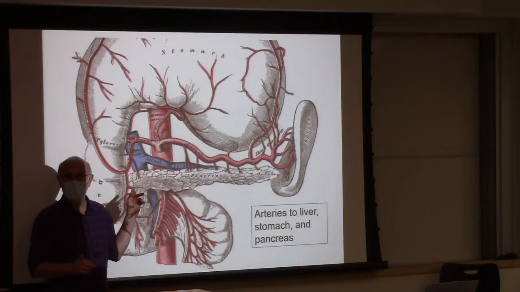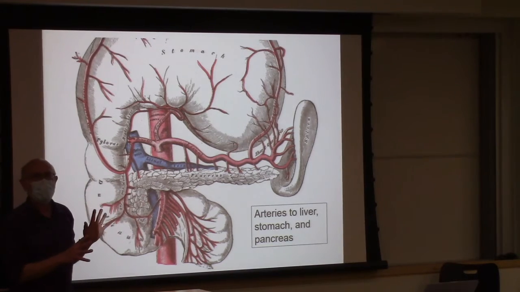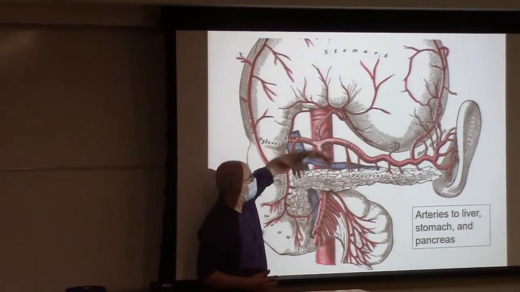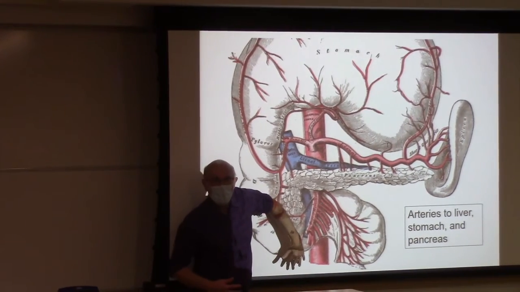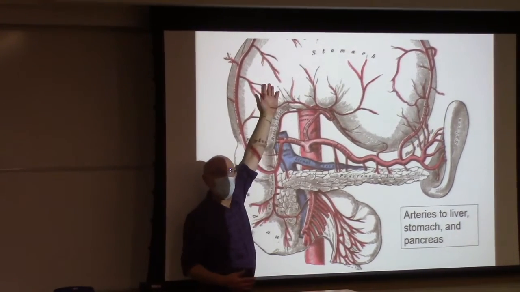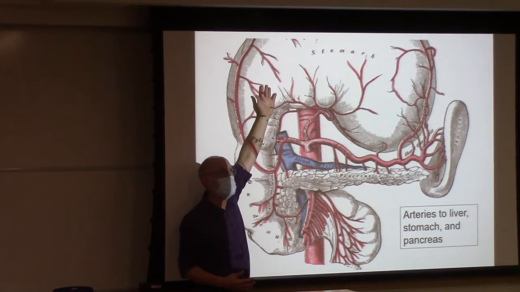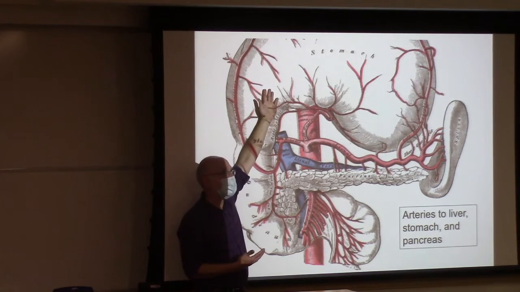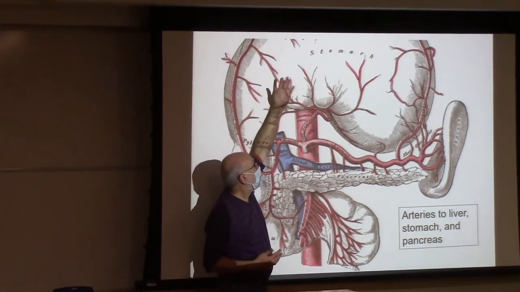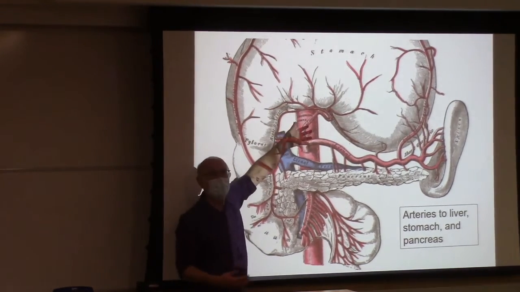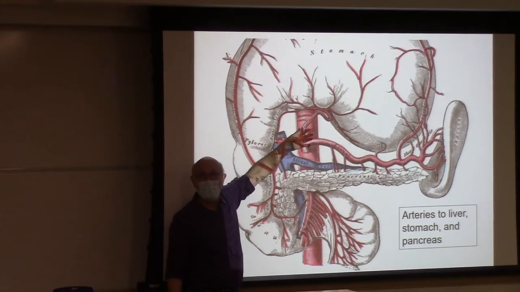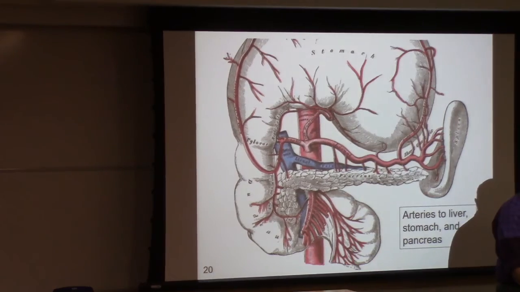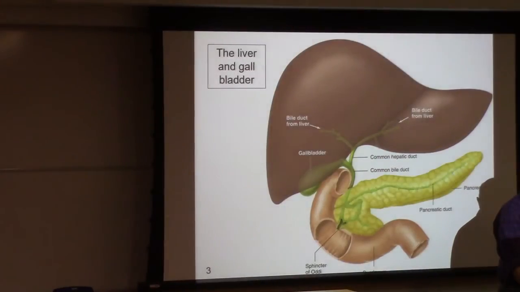So you've seen some of this already. So this is a funny view. We've taken the stomach. The stomach usually sits down here like this, and the stomach has been flipped up. This would be hard to do, but this is an artist taking artistic license, flipping the stomach up so that we can see the blood vessels better. All right, I'm going to scroll all the way back to the very beginning of this.